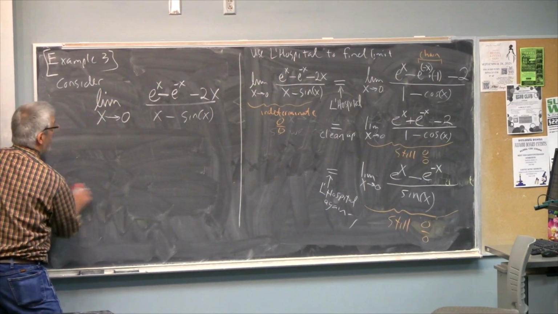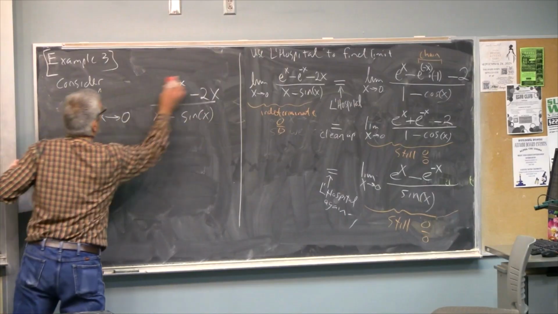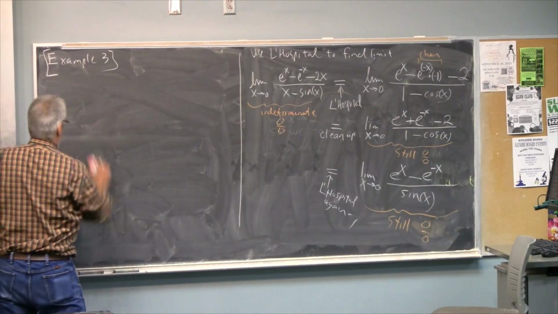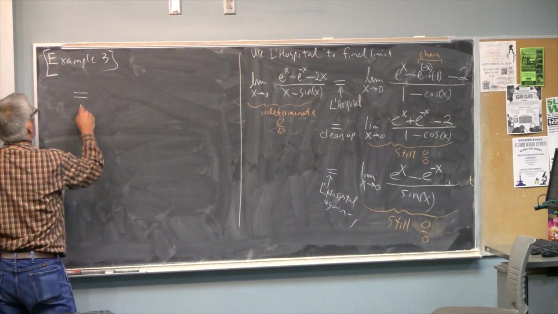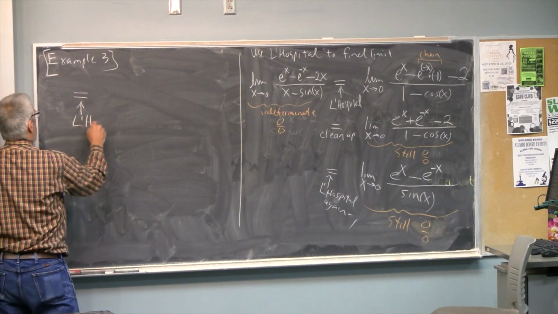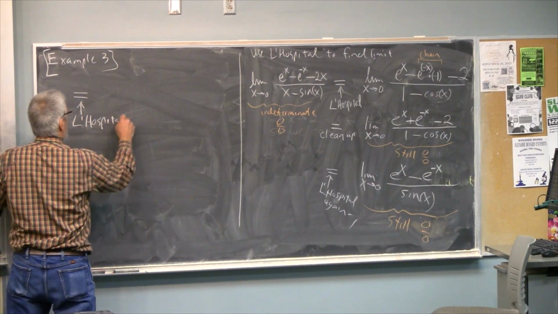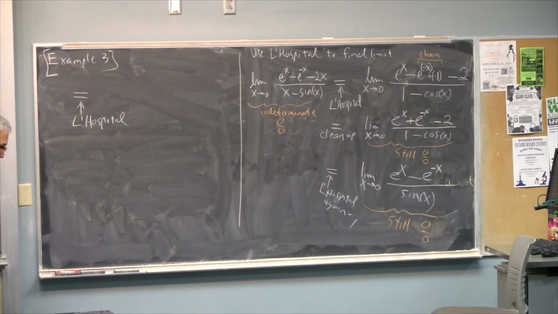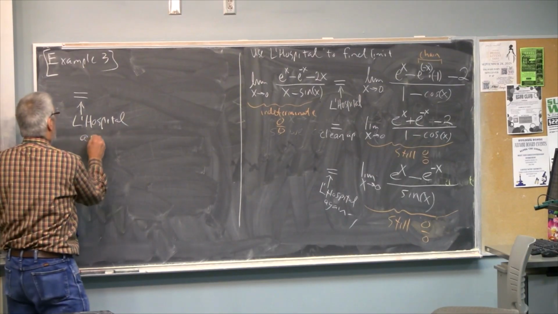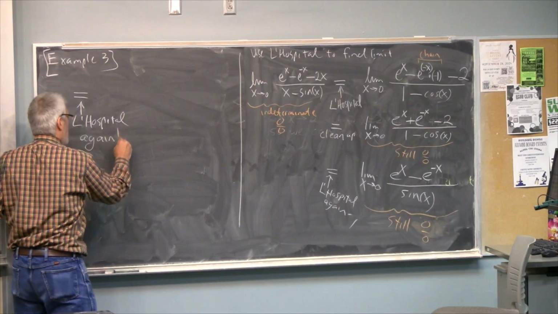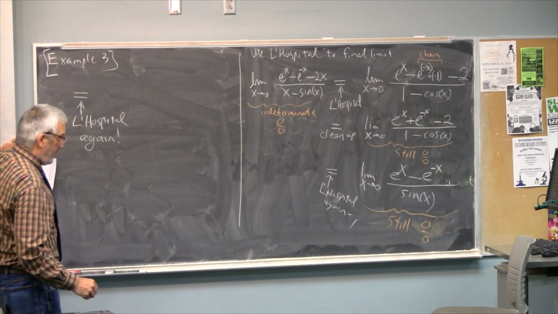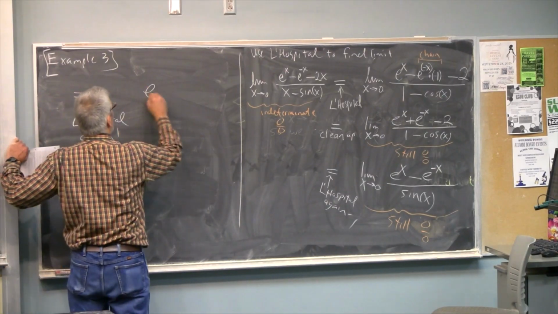I'm going to just go over to here. We got to use L'Hopital again. So the derivative of the numerator: the derivative of e to the x is e to the x.